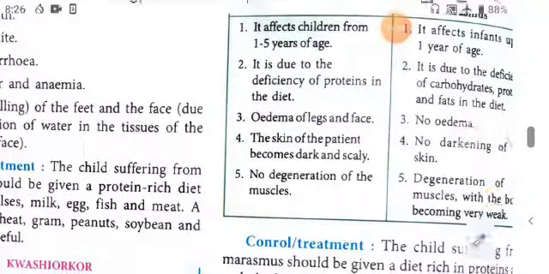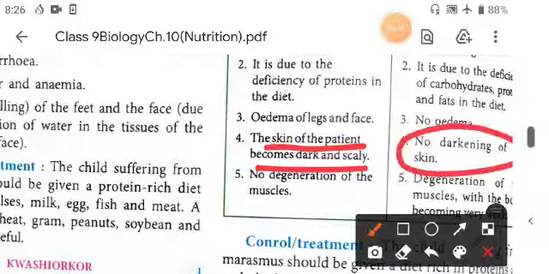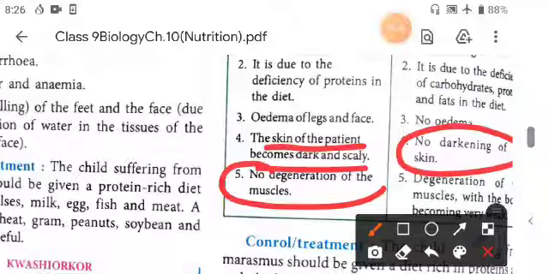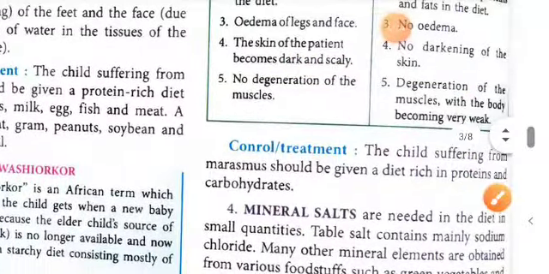The skin in Kwashiorkor becomes dark and scaly, but in Marasmus no darkness will be there. In Kwashiorkor there is no degeneration of the muscle, but in Marasmus there is degeneration of muscle with the body becoming very weak.